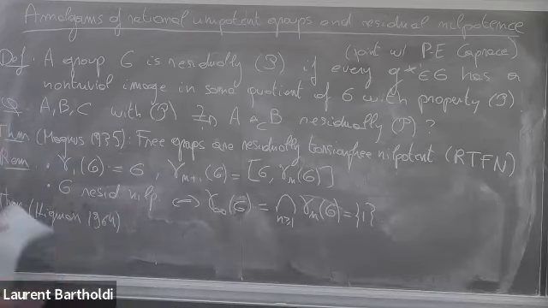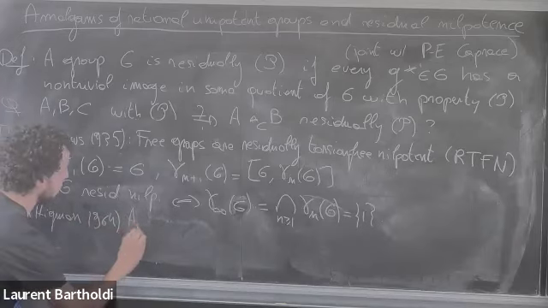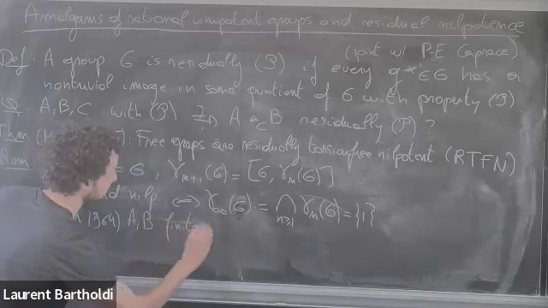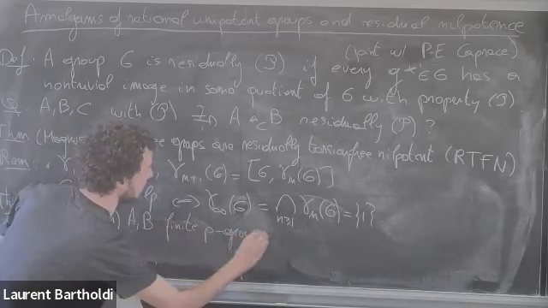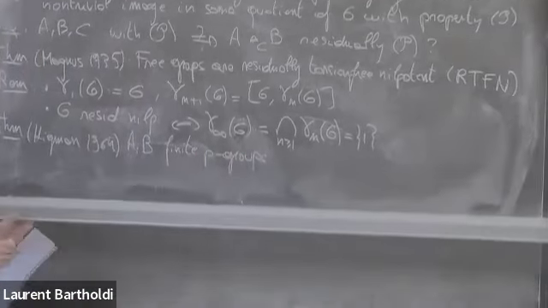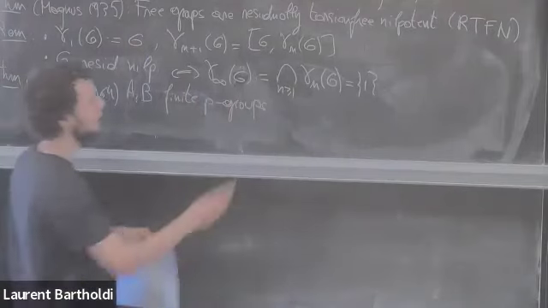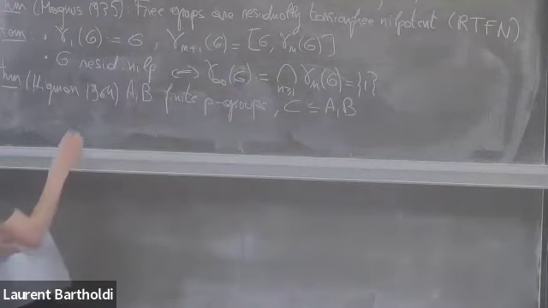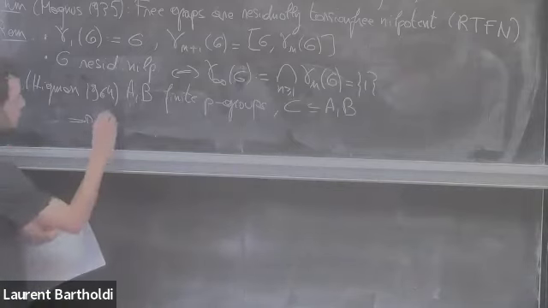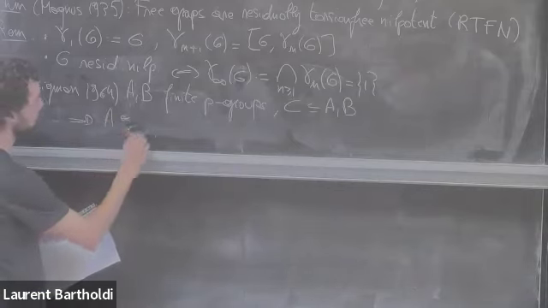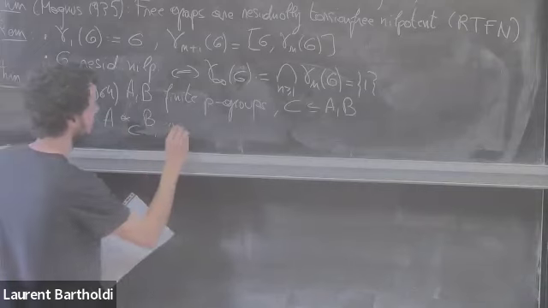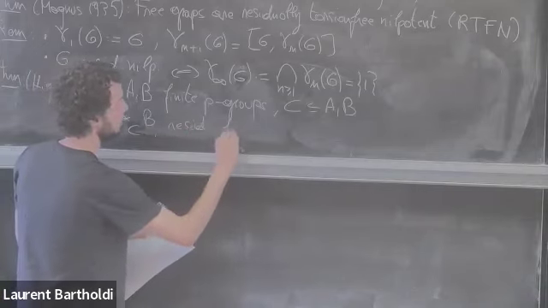In 1964, a theorem stating that if you have two finite p-groups A and B, and you take C a subgroup of A and B, then Higman provides a necessary and sufficient condition for the amalgamated product to be residually a finite p-group.